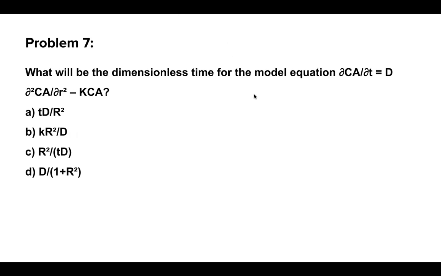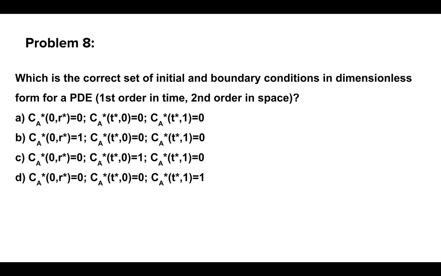We wrote time as Dt by r square, right? That was your dimensionless time t star. So option A.